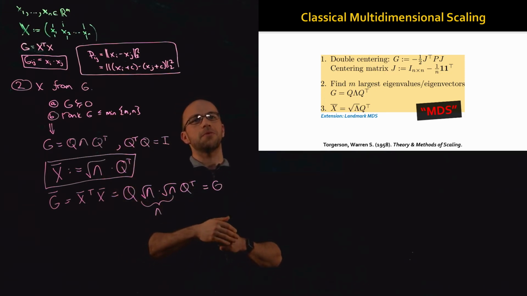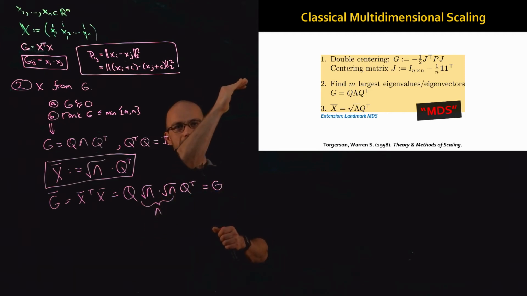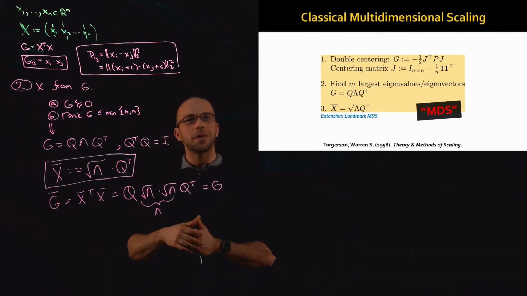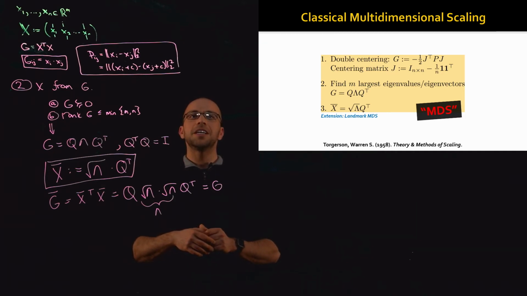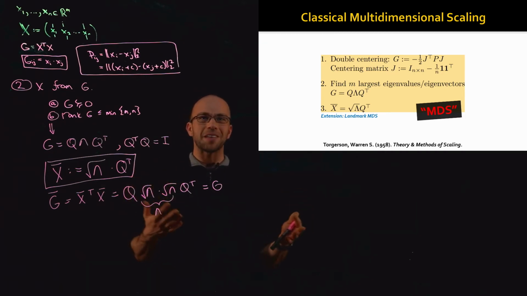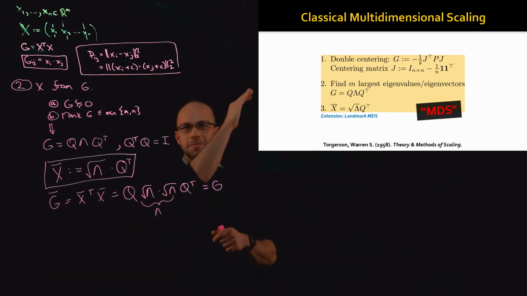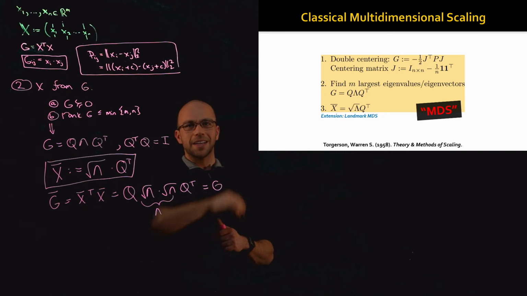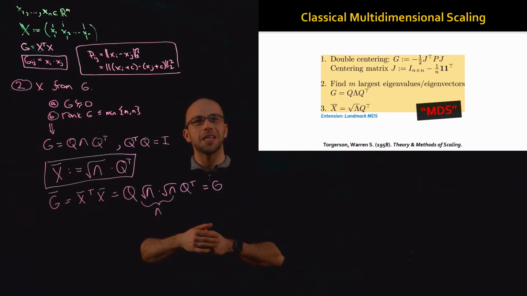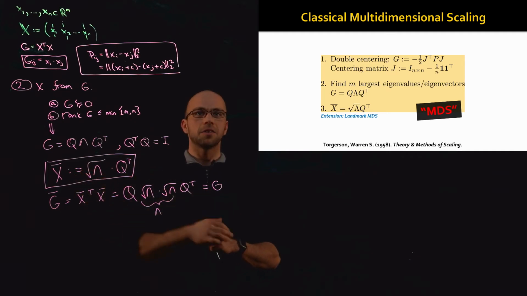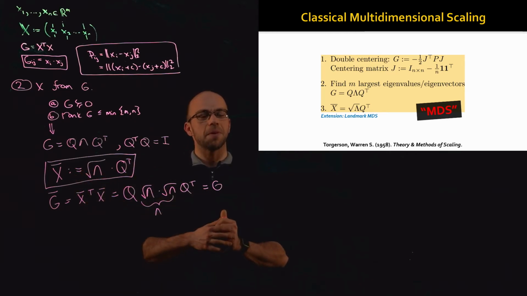We first perform a step called double centering, which is to compute a matrix G equal to minus 1/2 J transpose J. And we showed that G is the corresponding gram matrix to our squared distance matrix P. Then in step 2, we factor our matrix by writing Q lambda Q transpose. And then finally, our embedding x bar is equal to the square root of lambda times Q transpose.